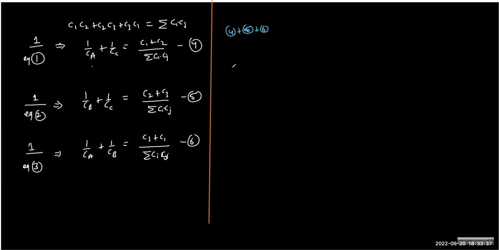Add all, because if you add, it's a really nice pattern. You get twice of each value, 1 by C. On the RHS, you will also get something really nice: C1, C2, C3, 2 times each, right?